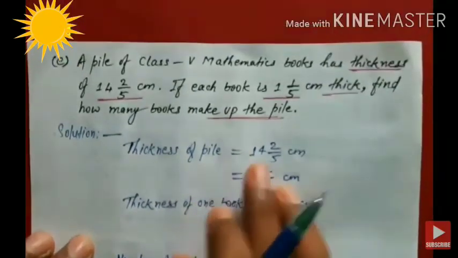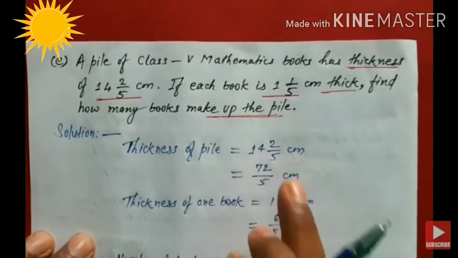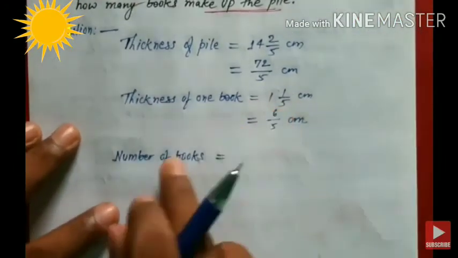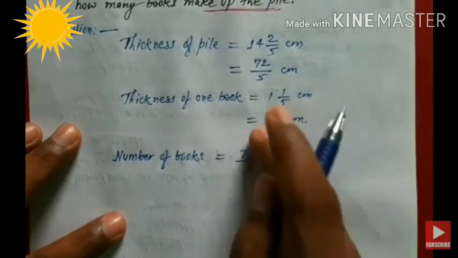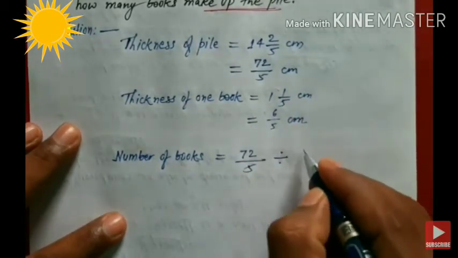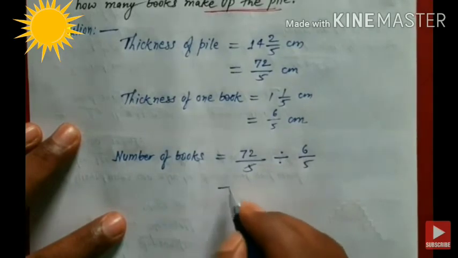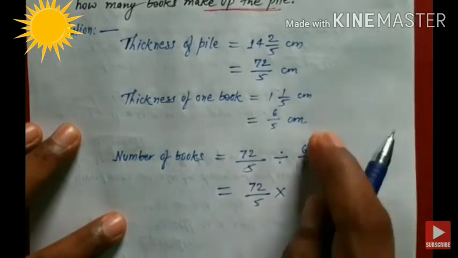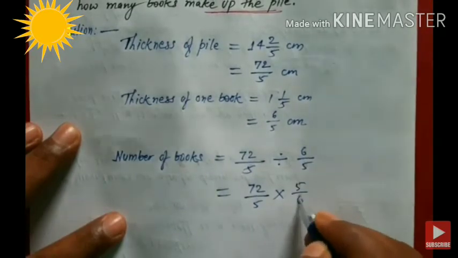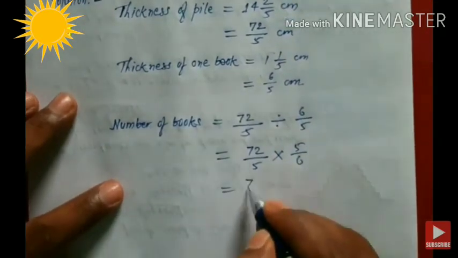Now we want to find the number of books. So we will divide the thickness of the pile, 72 by 5, by the thickness of one book, so that is 6 upon 5. Now 72 upon 5, we will change the sign to multiply. Now we have to take the reciprocal of 6 upon 5, that is 5 upon 6.